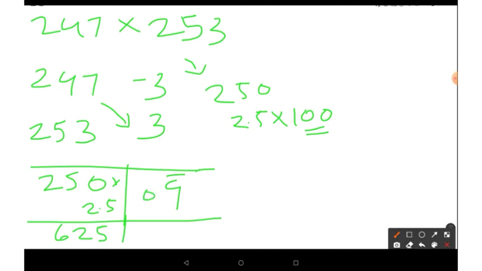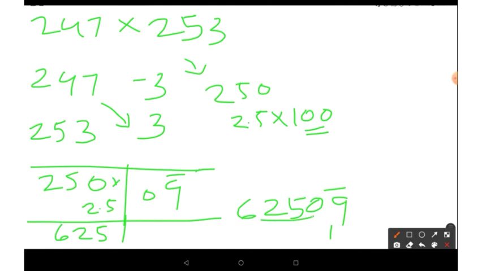What you will get is 625, 0 and then 9 with a bar. Now you have to remove this bar. For removing the bar, you have the rule: subtract the last digit from 10. So 10 minus 9, you will get 1, and there are no remaining digits with the bar.